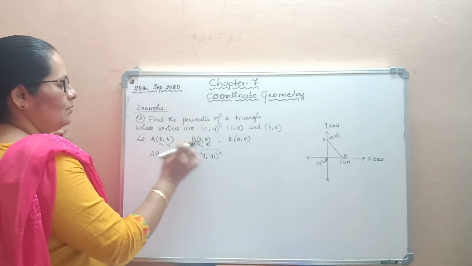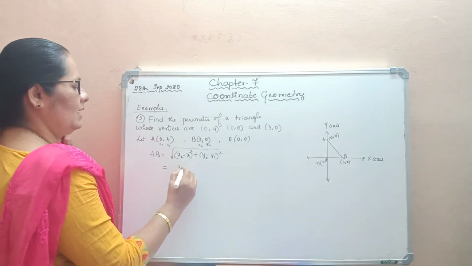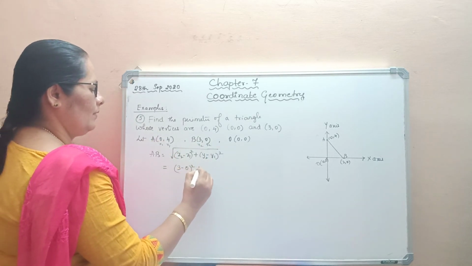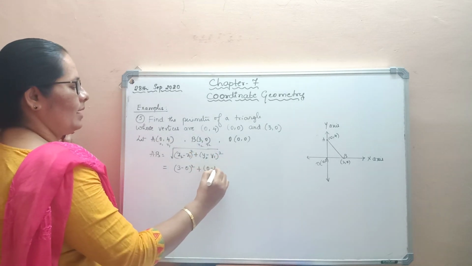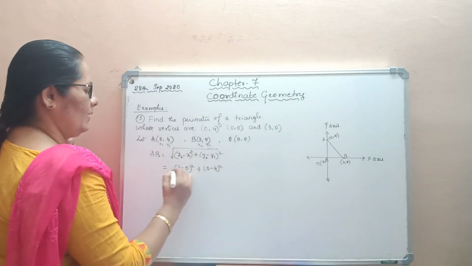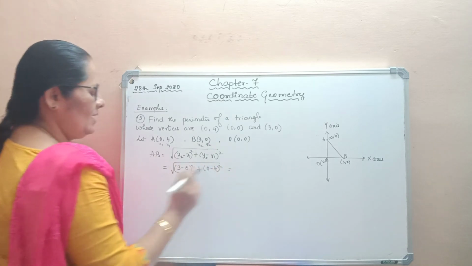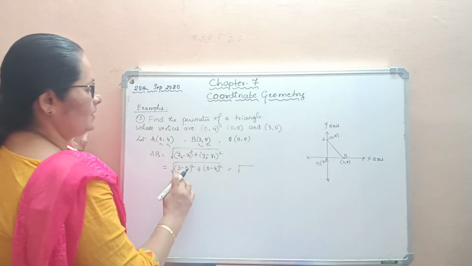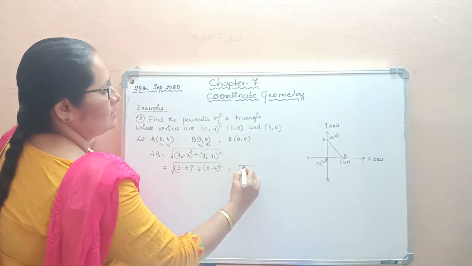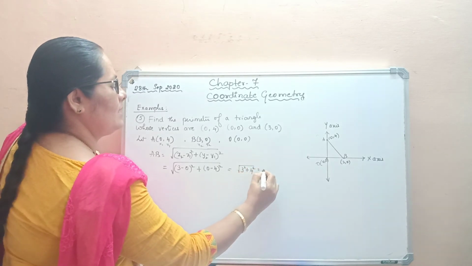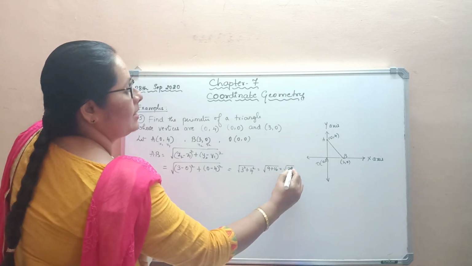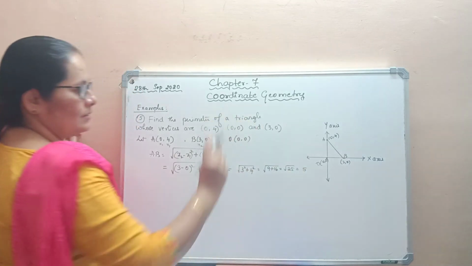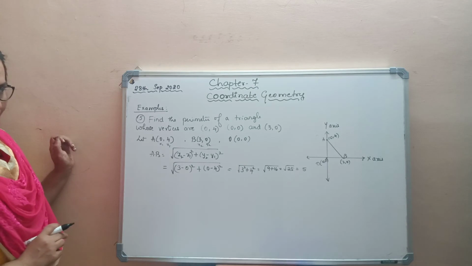So (3 - 0) whole square plus (0 - 4) whole square. So AB is root of 3 square plus 4 square, which is 9 plus 16, which is root 25, which is 5. So length AB equals 5.